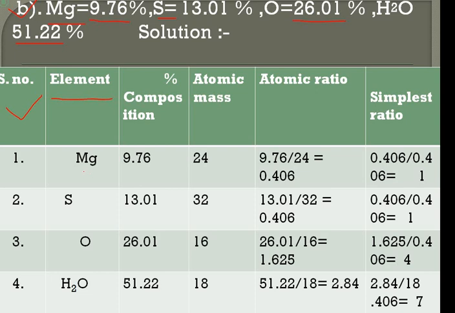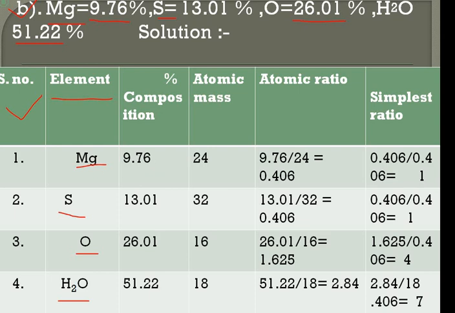The first one is magnesium, the second is sulfur, the third is oxygen, and the fourth is water. That is up to you; you can write sulfur first, then oxygen, then magnesium. But remember one thing: whichever element's symbol you write, the same percentage composition will be taken for that element only.